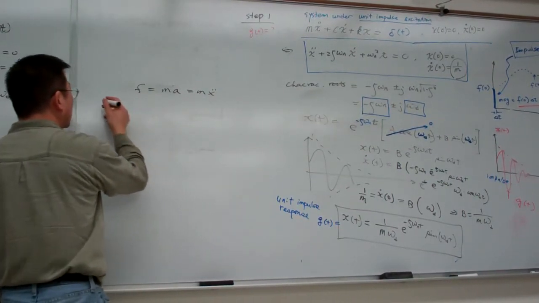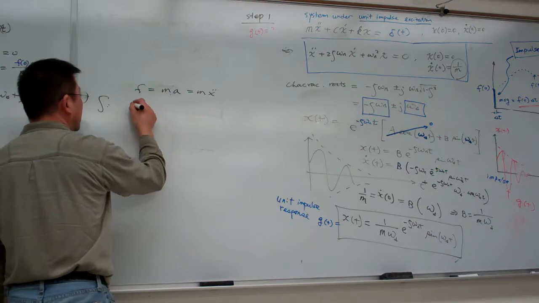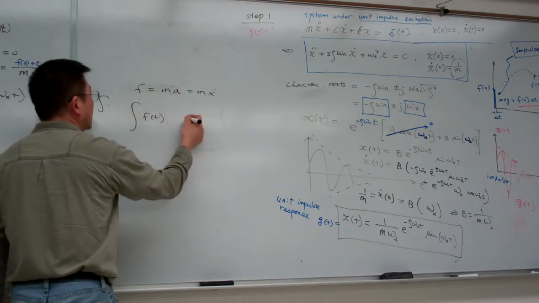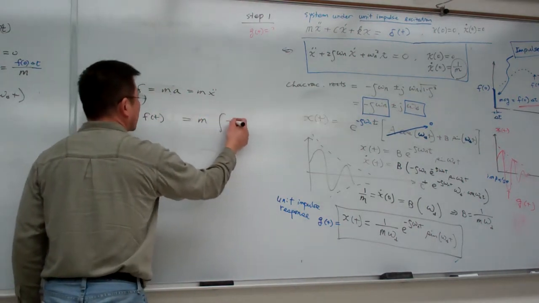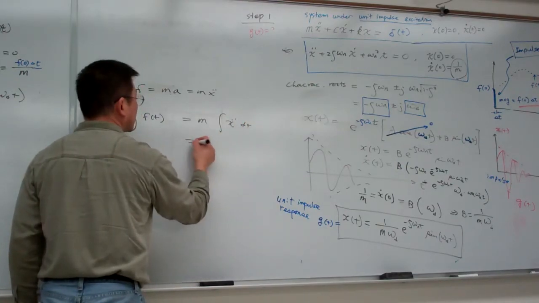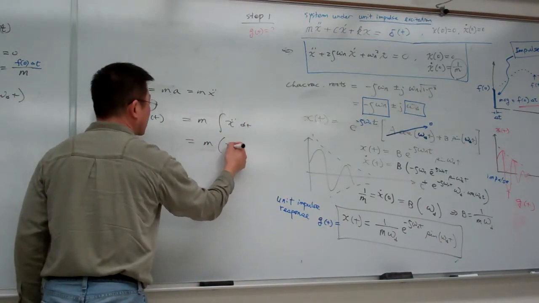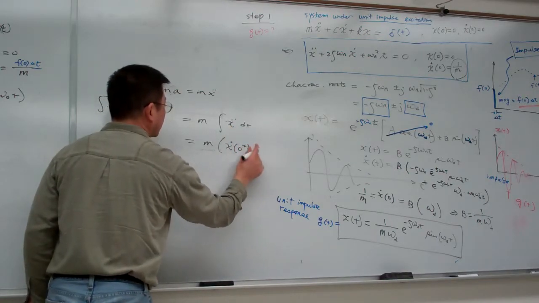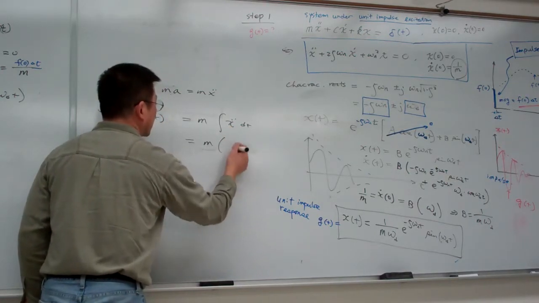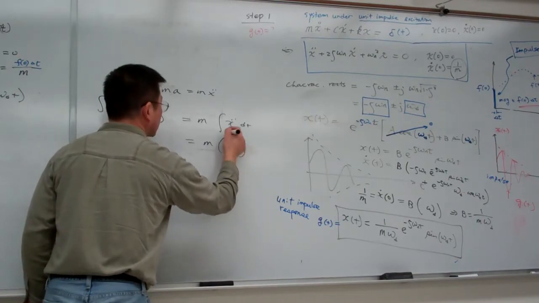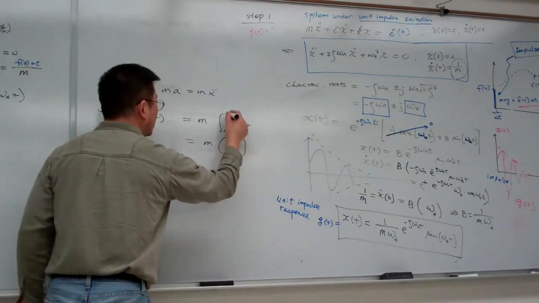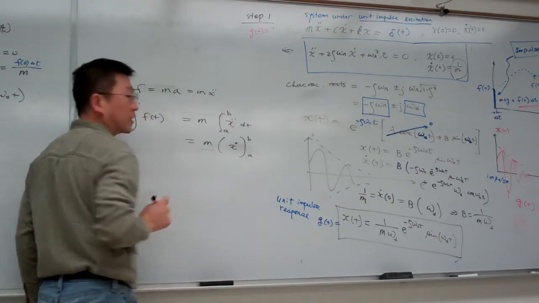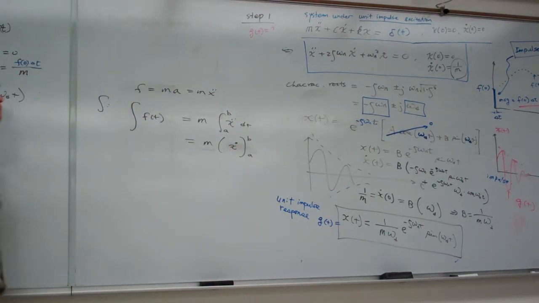In this way, if we do the integral on both sides, that means the integral of F over t equals m times the integral of x double dot over time. So basically that equals m x dot, evaluated from A to B. Okay, so that's the initial concept here.